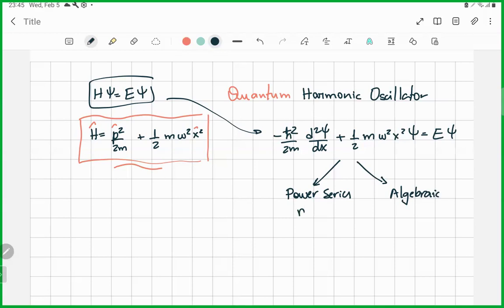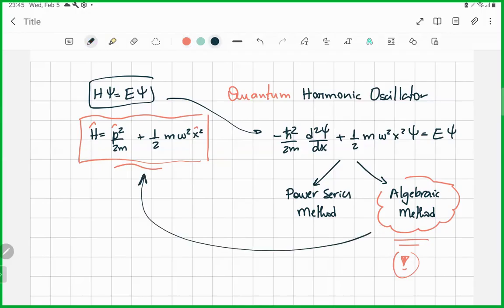And this is the one that we are going to start discussing. Very, very elegant method, very smart. To understand the procedures involving this method, we are going to start by having a closer look at this Hamiltonian.